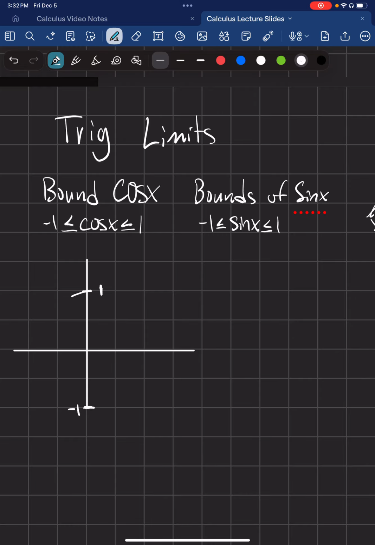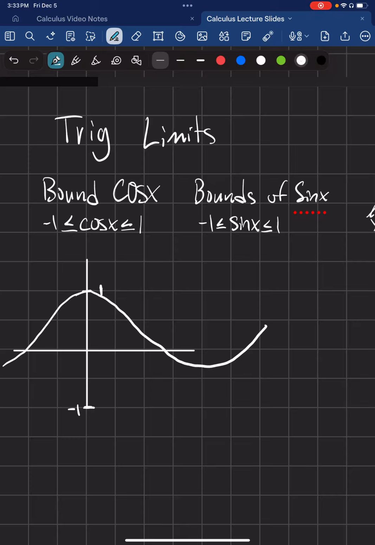Remember that the cosine function and the sine function are just oscillating wave functions, so they go back and forth, reaching max peaks of 1 and -1. That doesn't include if it gets multiplied, divided by, or modified in any other way. Then your bounds could end up being different. But the base function is like this, right?